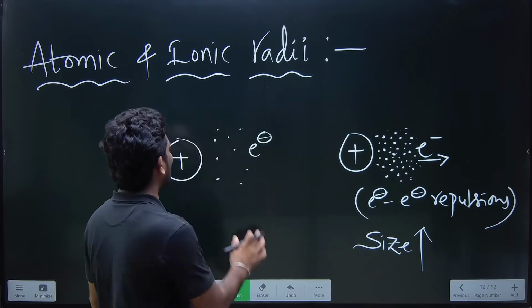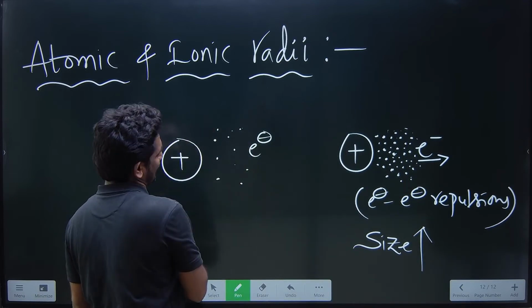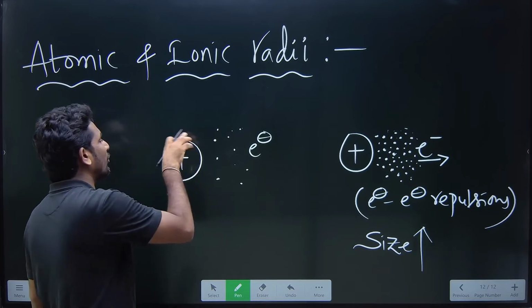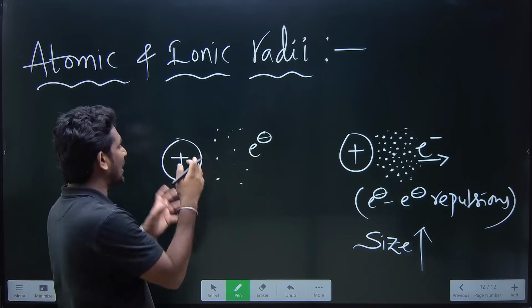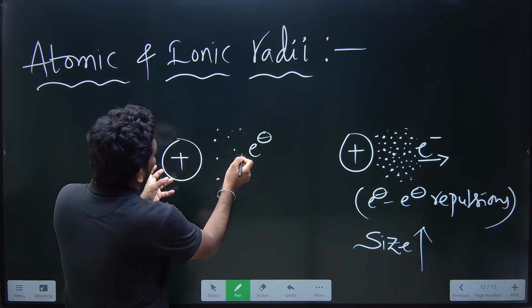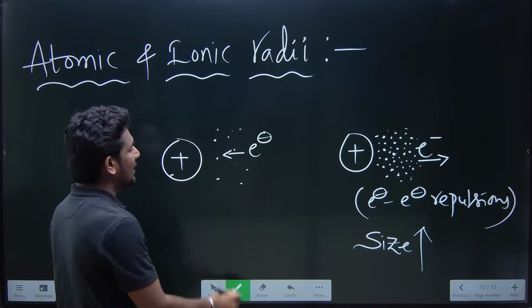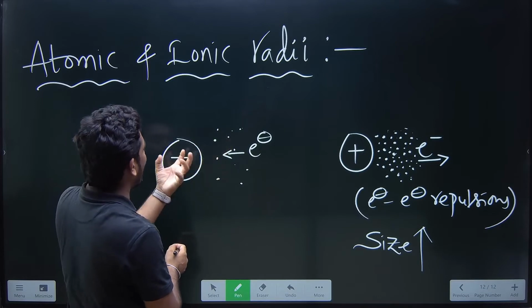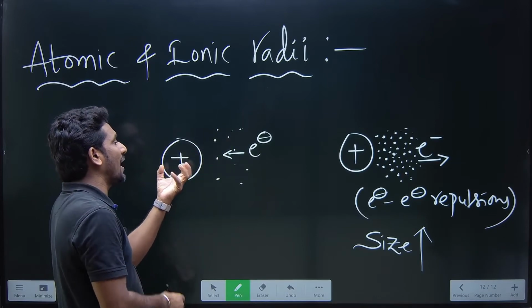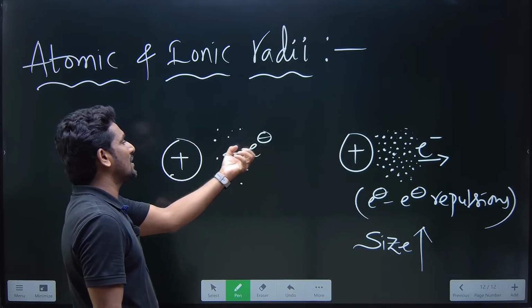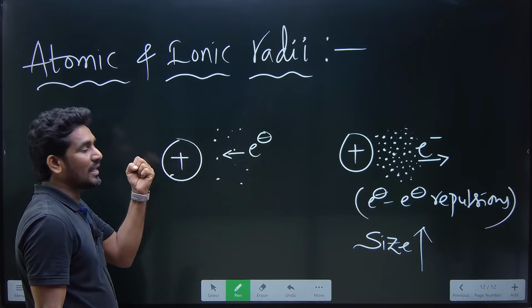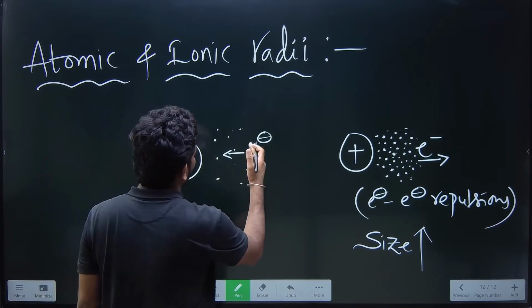And what about here? Here the inner electrons are fewer. Now the effective nuclear charge will dominate. What will it do? It will attract the outermost electron inside. The electron will come inside.